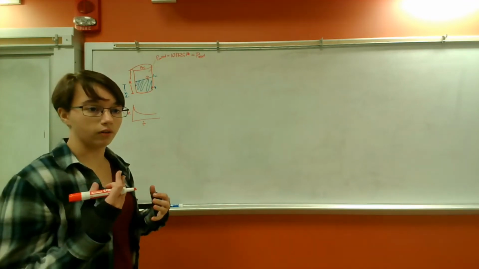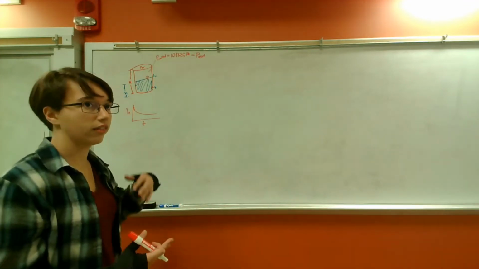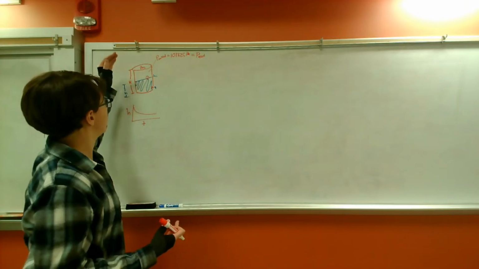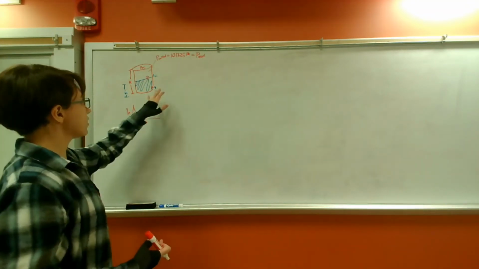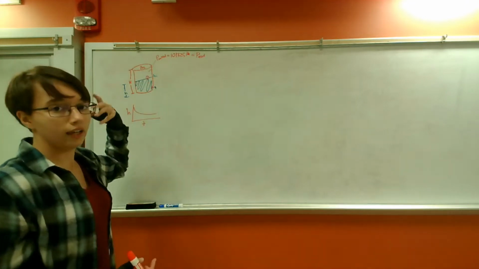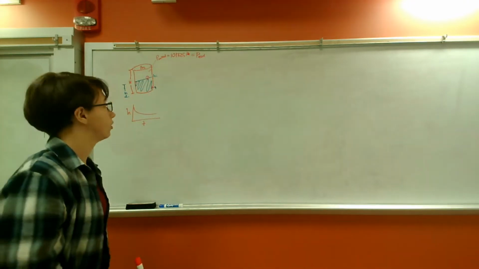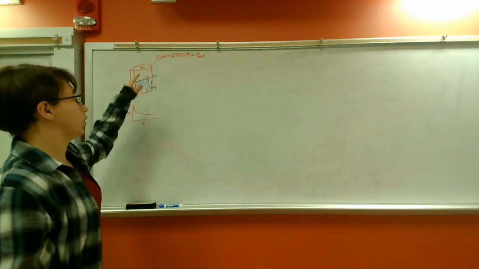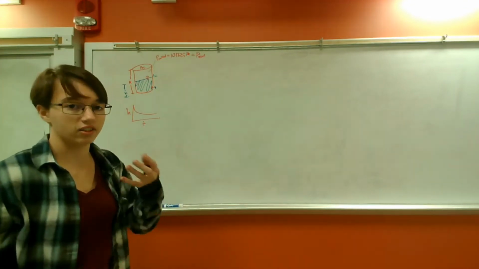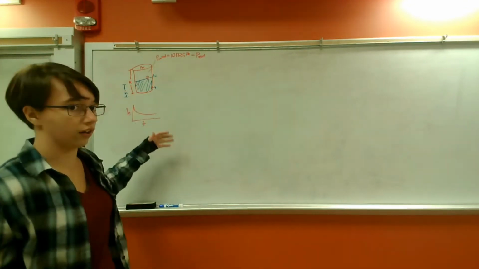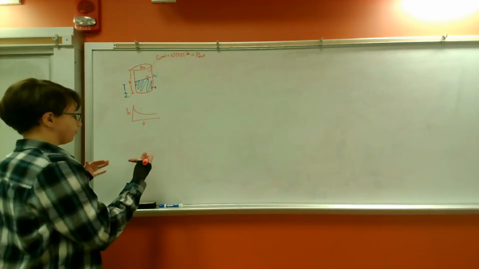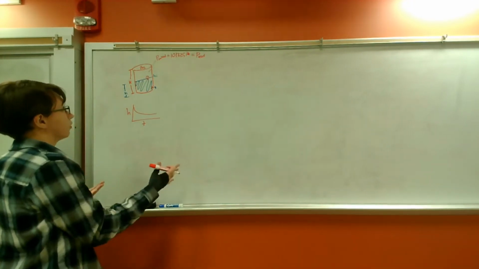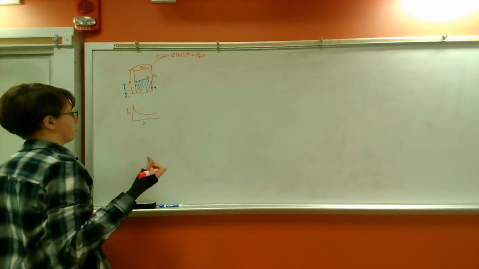And we know from the ideal gas law that as the volume increases, the pressure is going to decrease. But since there is no air getting back in and no air escaping from the container in any way, we know that the number of moles of air is going to be constant throughout the entire process. So we can use the ideal gas law to solve for the number of moles that we have.